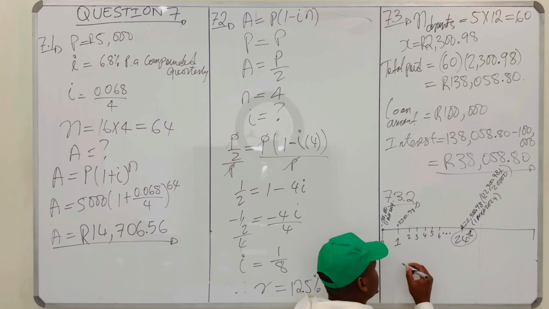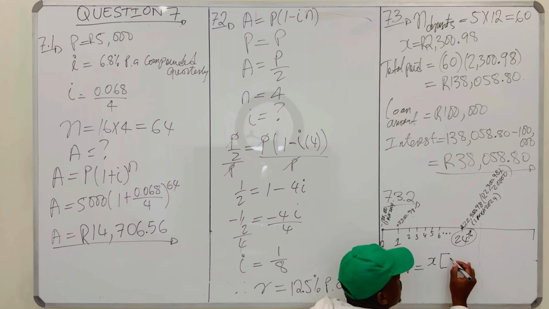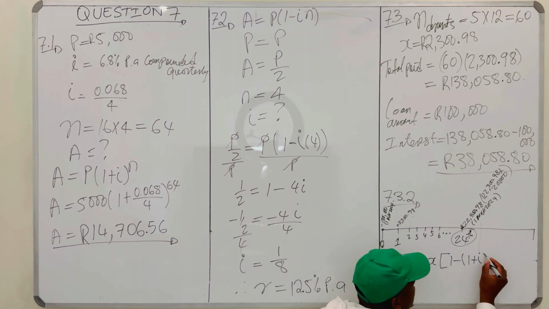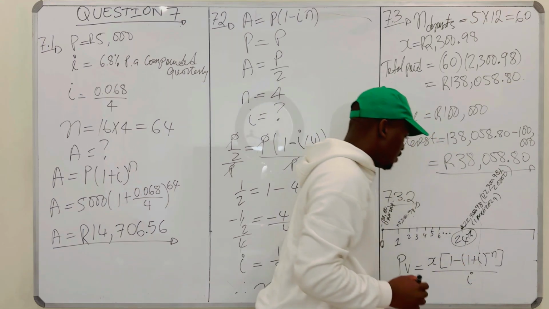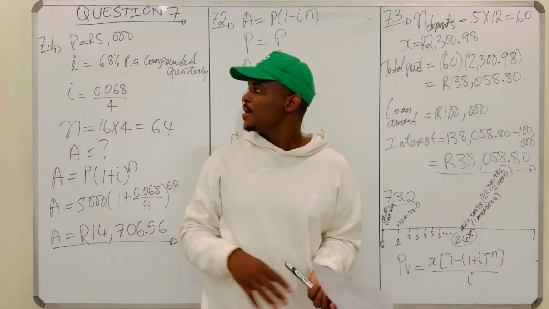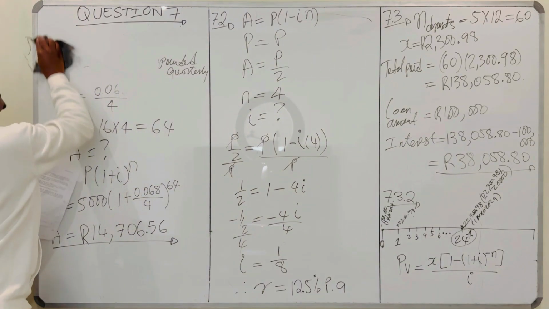To find that, the present value of the loan, which is the balance of the loan at this point, is x into 1 minus (1 plus i) raised to negative n, all over i. This is what we're going to substitute into. Let me clean this board and then we continue.